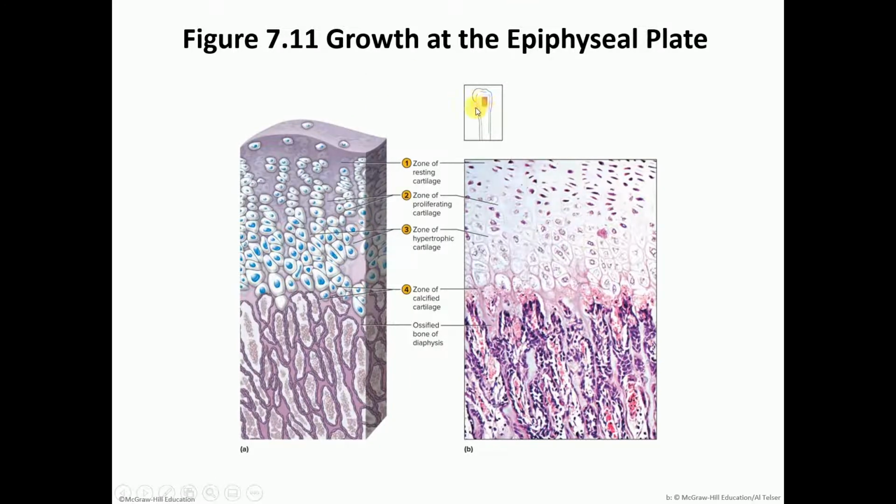This is the epiphyseal plate. Okay, so here is your first zone, that is the zone of resting cartilage. So the zone of resting cartilage is at the top, and the zone of calcified cartilage and ossification would be towards the diaphyses.